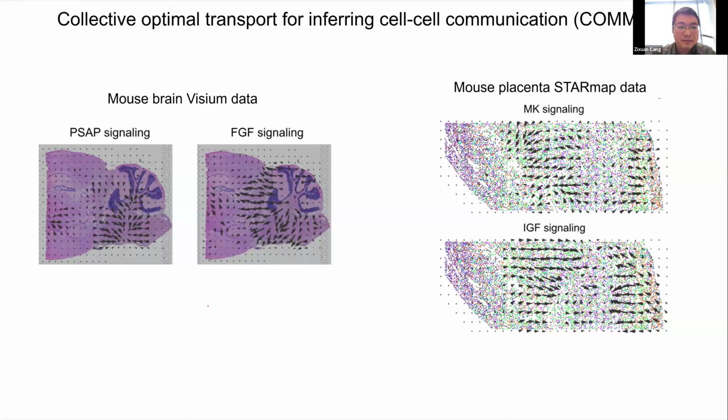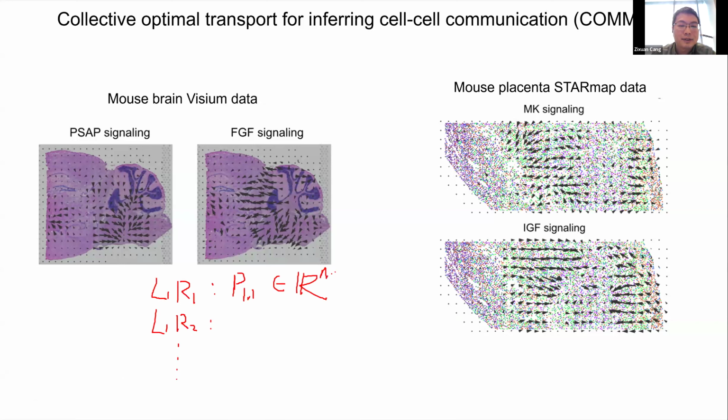Let's say we have a list of ligand receptors that could have multi-compatibility. For each ligand receptor, we have one matrix.